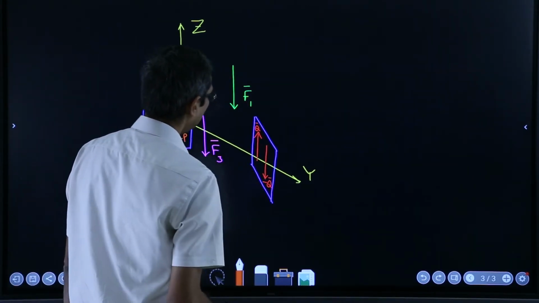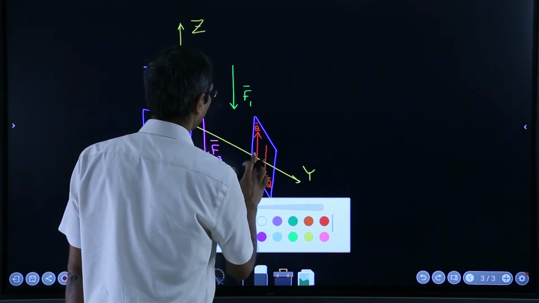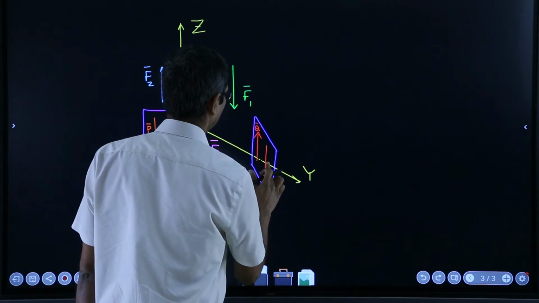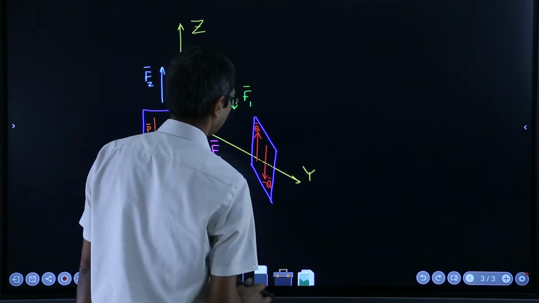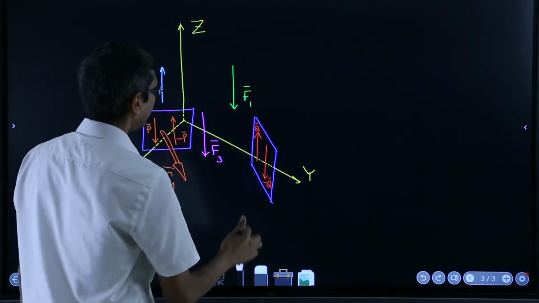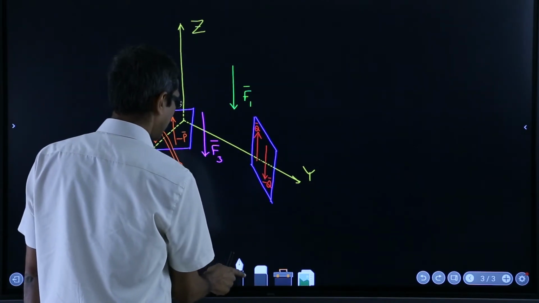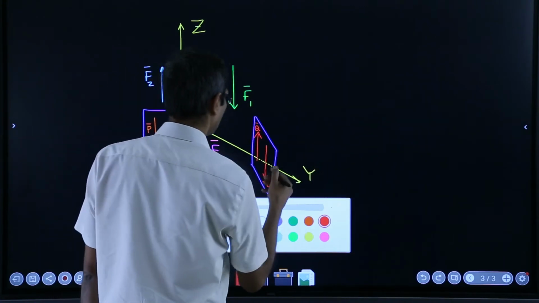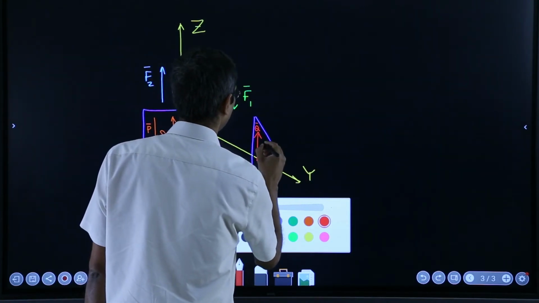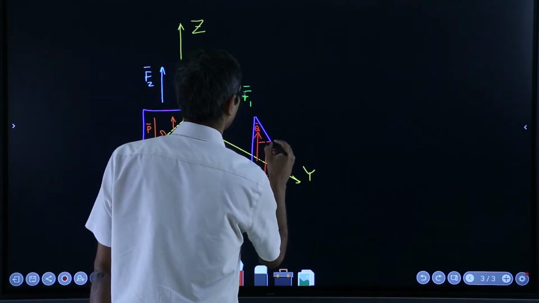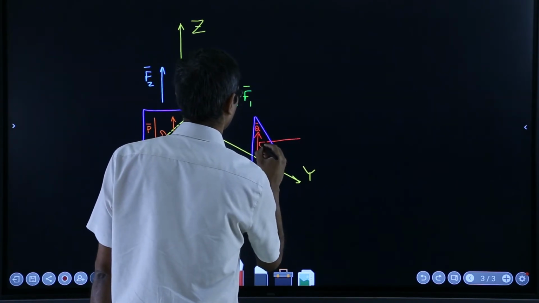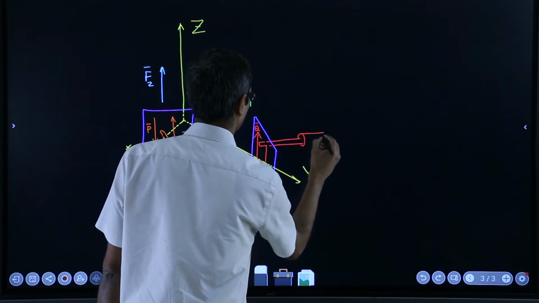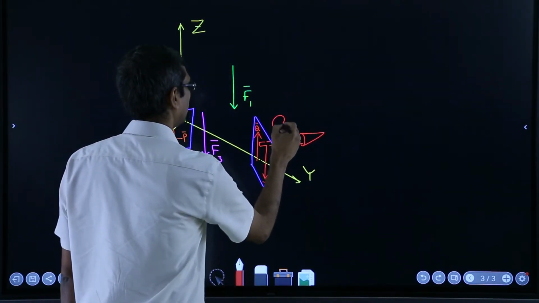And for this let me again do the same thing. I'll make it a dotted line, and the couple moment will act in this direction, to that side. Let me call this C2.